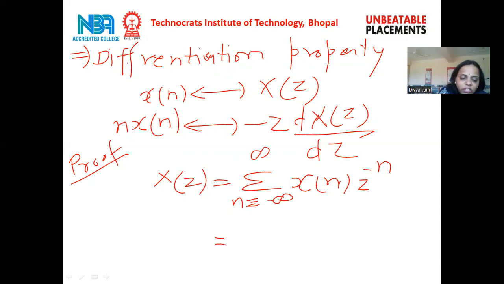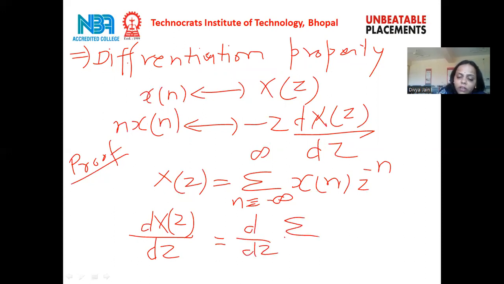First we take the differentiation of the left hand side, dX(z) by dz. So we take the differentiation of the right hand side also, d by dz of the summation n equals minus infinity to infinity of x[n] z to the power minus n.